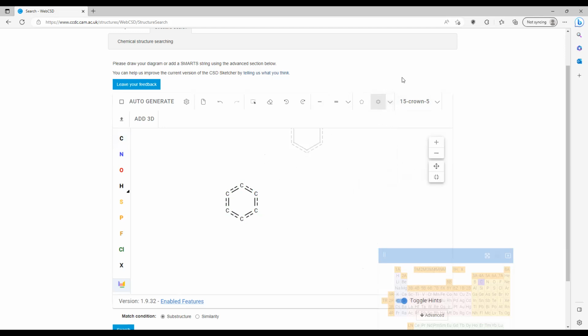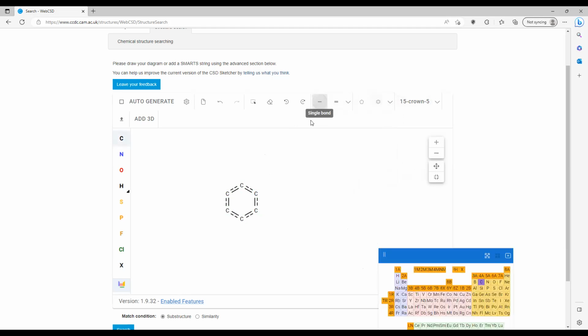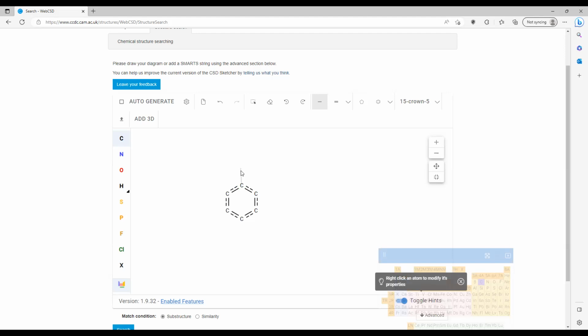Next, we're going to draw the carboxylic acid. So we click on the single bond, we click and drag, and we're going to first make the structure of it. So now we have the basic structure. Next, we're going to click on double bond. We're going to put a double bond right here.